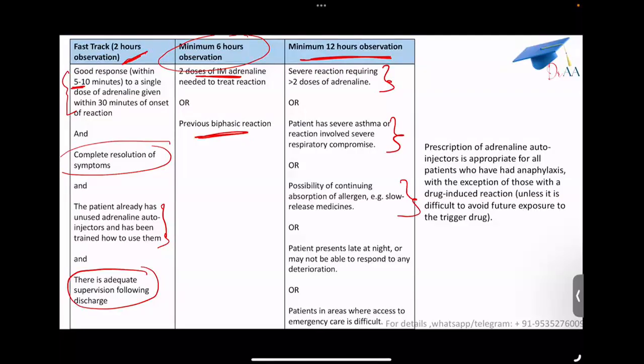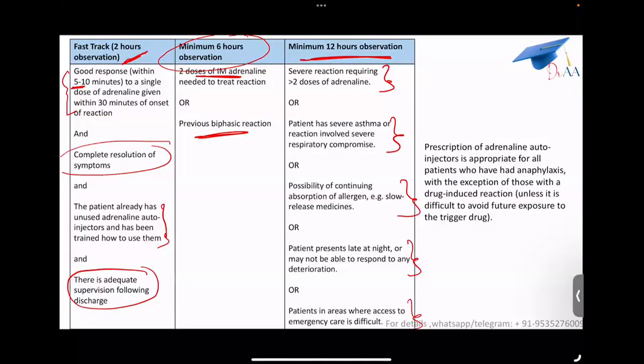For example, a sustained release tablet they have taken, which has caused an anaphylactic reaction. Or a patient presents at night time and you feel it is unsafe to discharge him because there is no one to take care of him at home.